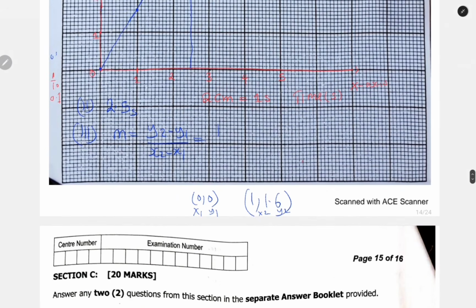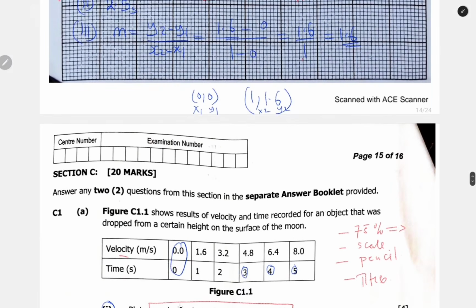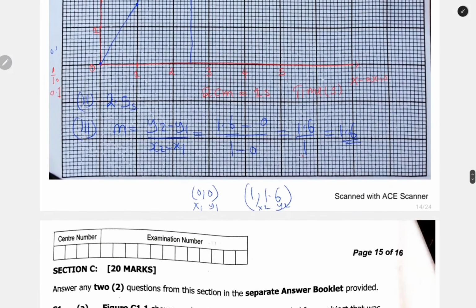So my y2 is 1.6 minus 0, divided by 1 minus 0. Then here we are going to have 1.6 divided by 1, which is just 1.6. So whichever points you pick still give you 1.6, because this is a straight line. So that is how you work out the gradient.